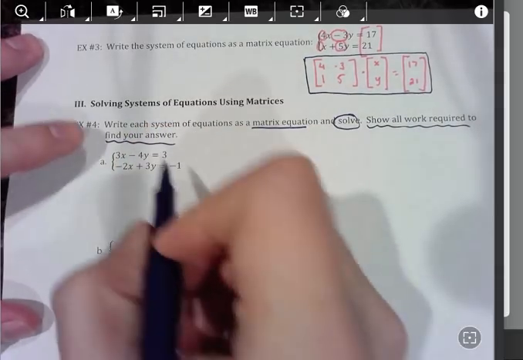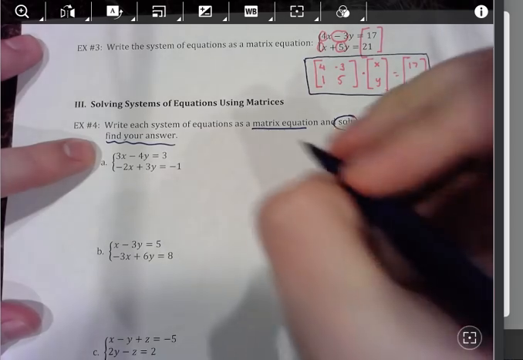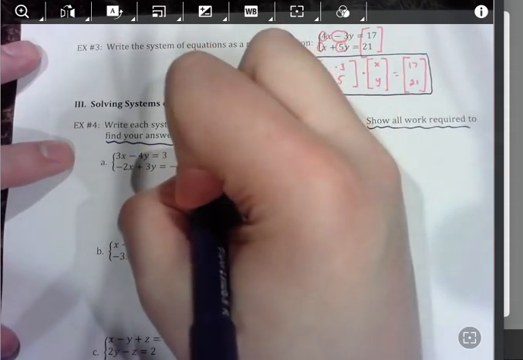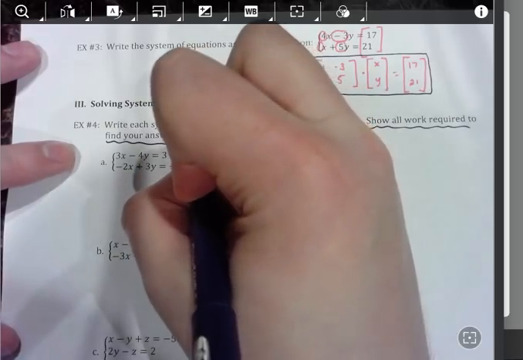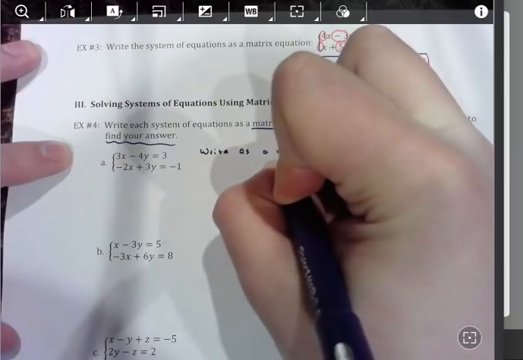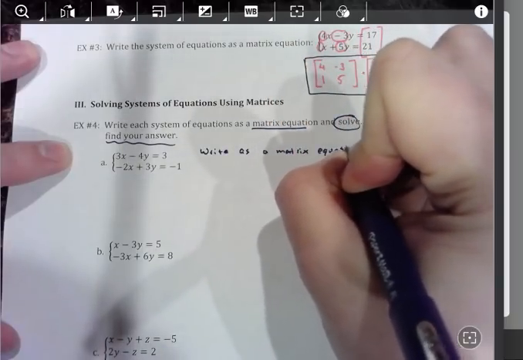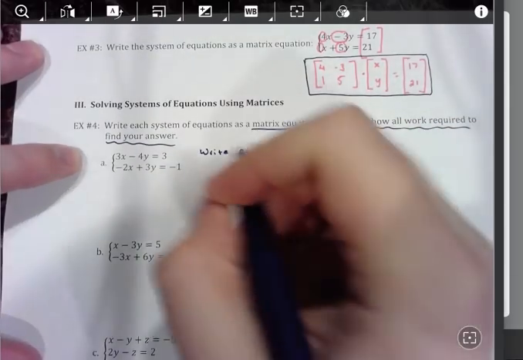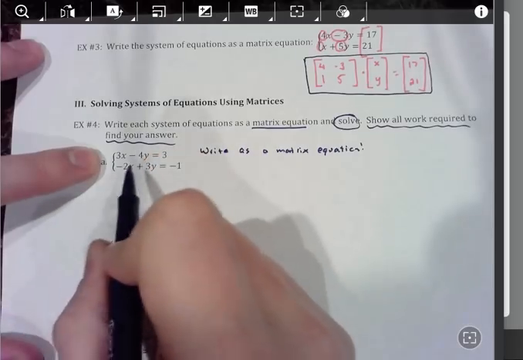So here's what we're going to do. We're going to take this system of equations, and we're going to write it in matrix form. So let's write it as a matrix equation. That's our first step. So my first matrix, I have 2 variables and I have 2 equations.